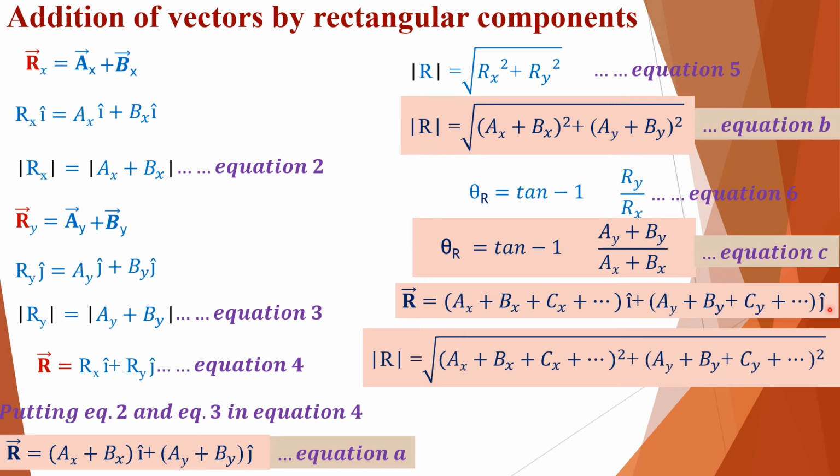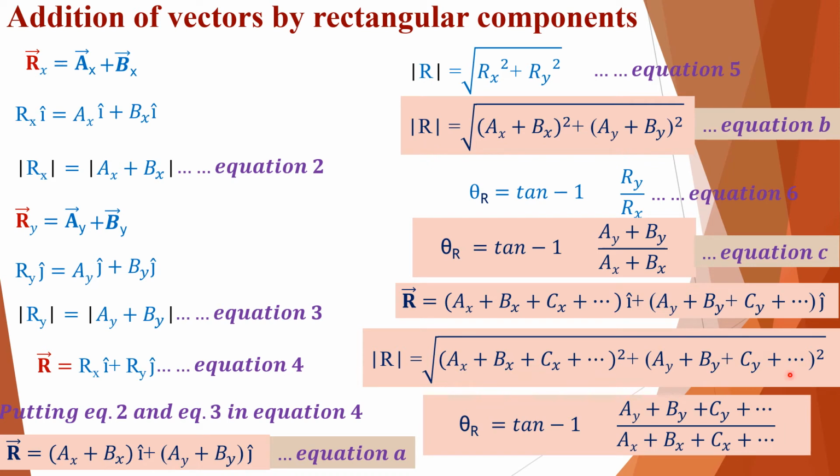Equation B can be written as magnitude of resultant vector R is equals to square root ax plus bx plus cx plus so on whole square plus ay plus by plus cy plus so on whole square. Equation C can be written as theta R is equals to tan inverse ay plus by plus cy plus so on divided by ax plus bx plus cx plus so on.